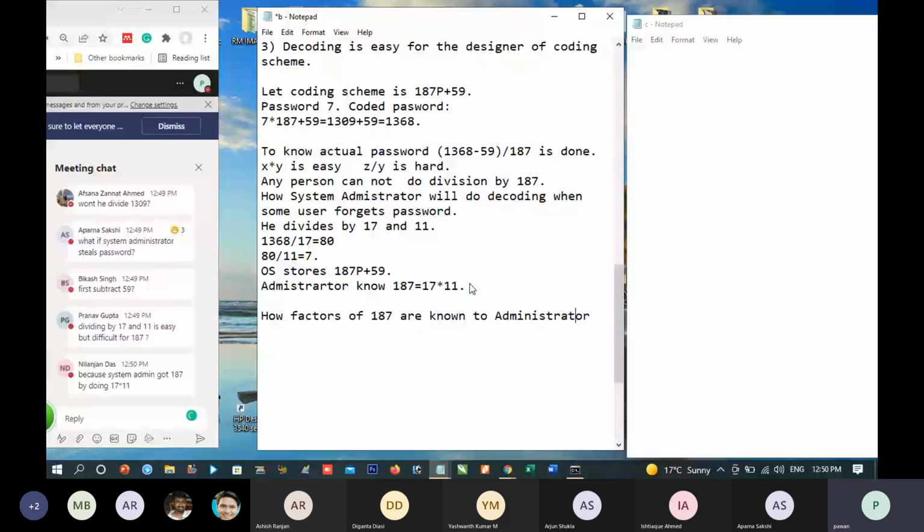But why can't anyone else know the factors? We assume factorization is not easy. But how is the system administrator able to know the factors? The system administrator doesn't know the factors.